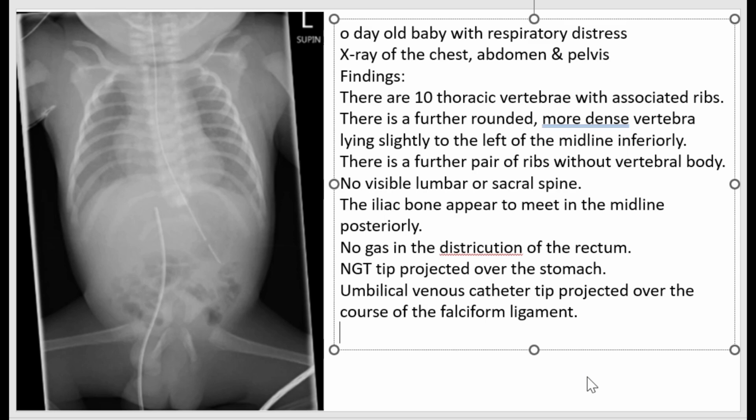Next finding. There is no other finding.